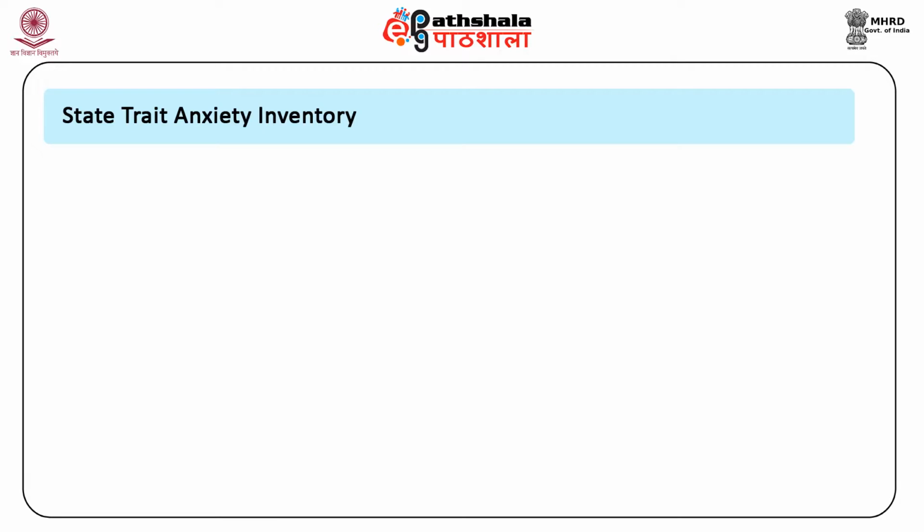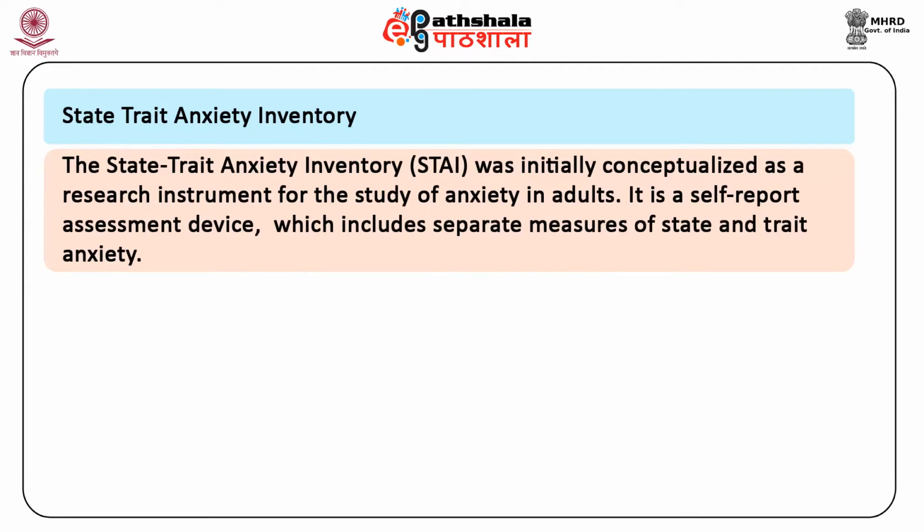State Trait Anxiety Inventory. The State Trait Anxiety Inventory was initially conceptualized as a research instrument for the study of anxiety in adults. It is a self-report assessment device which includes separate measures of state and trait anxiety.